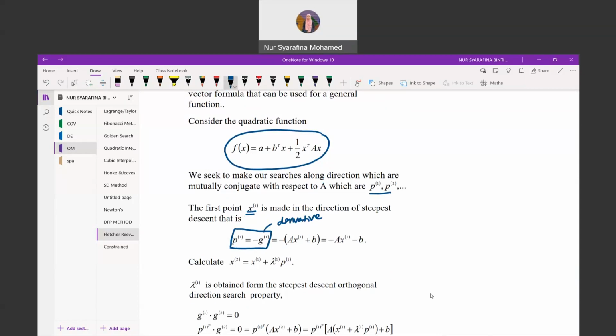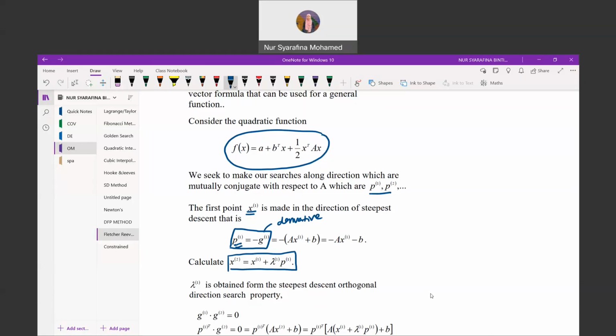Once you have your P1, you can get your X2, which is given by X2 equals X1 plus lambda 1 P1. So how can we obtain lambda? Just like the previous method, we need to find the value of lambda that minimizes the function.